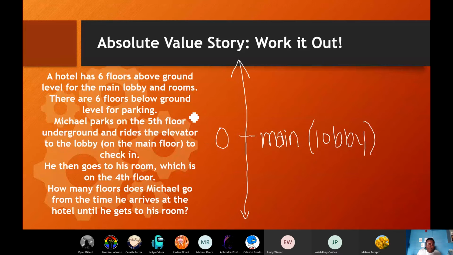And because there's 6 floors below ground, my integers need to go from -1 all the way to what? -6. There's 6 floors below. Okay? And let's label each of our tick marks.